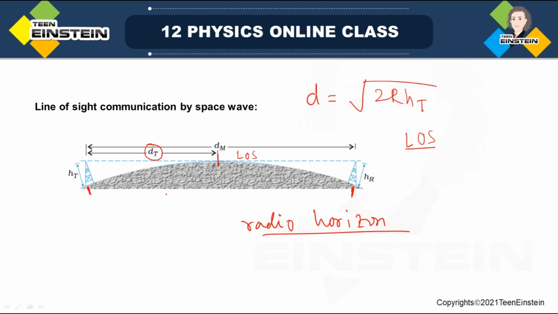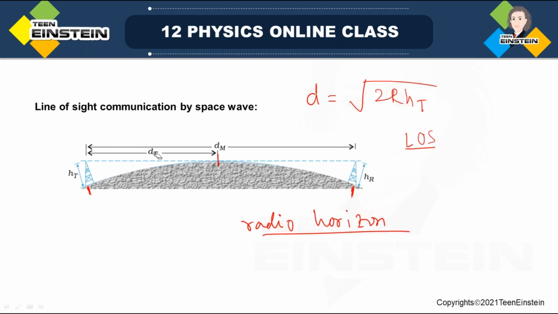So this dt is the radio horizon for the transmitting antenna, and there is also something called dr. This side you can say is dr, the distance of the radio horizon for the receiving antenna.